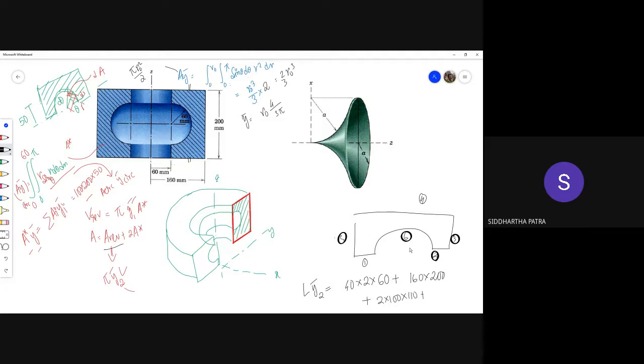And then for the y bar for the circular arc.